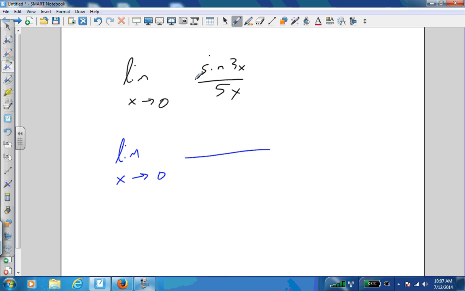If we take the derivative of the numerator, that's chain rule, derivative of sine times the derivative of 3x.